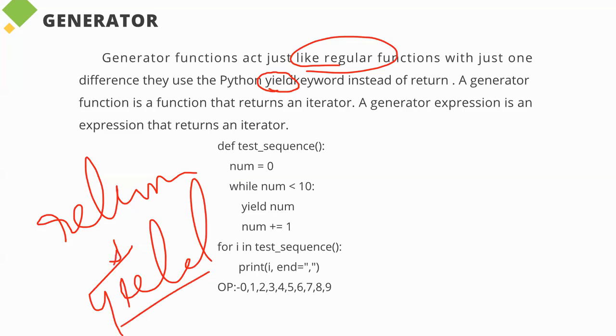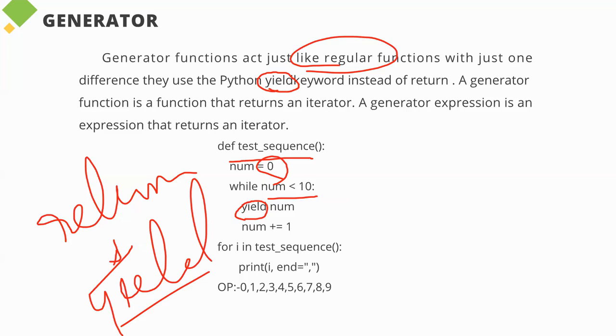So here, a test sequence: num equals 0, while num less than 10, yield num. Read the same function, in place of yield use return num. What does return num do? It prints the number, 0. It's a kind of print num or return num, but in generator functions it is yield num.